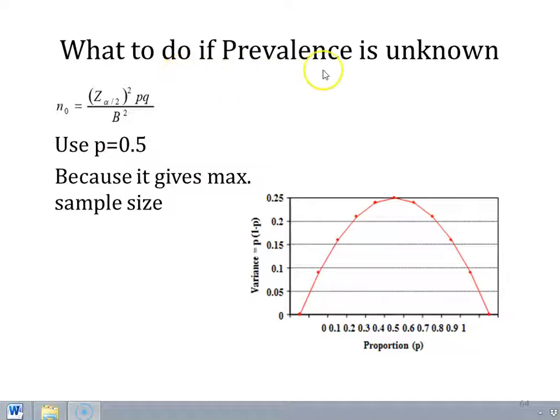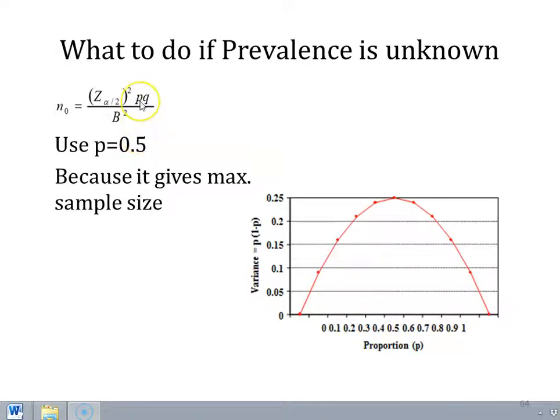If it is not available and unknown, then you should use P equal to 0.5, that is 50% prevalence. Why? Because it gives us the maximum sample size. If you see this formula, you can see here PQ written here. The higher this value PQ is, the higher will be your sample size. PQ is basically the variance, and P is the prevalence, that is the proportion.